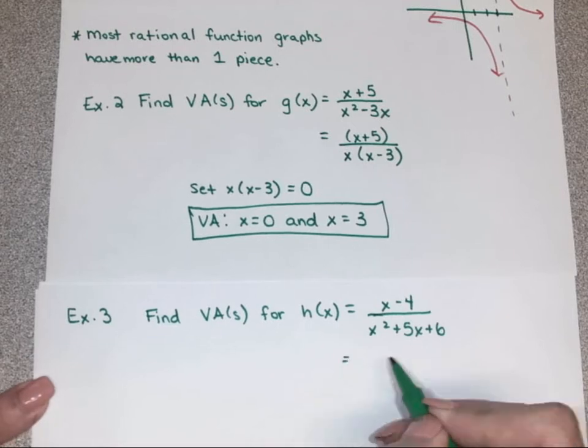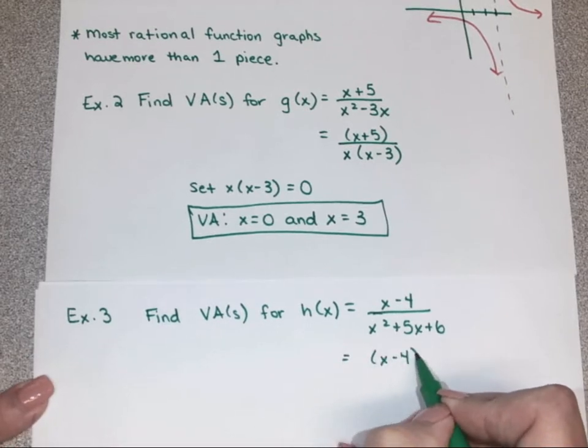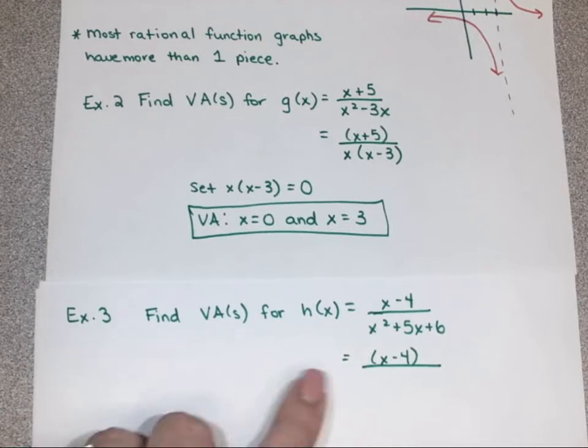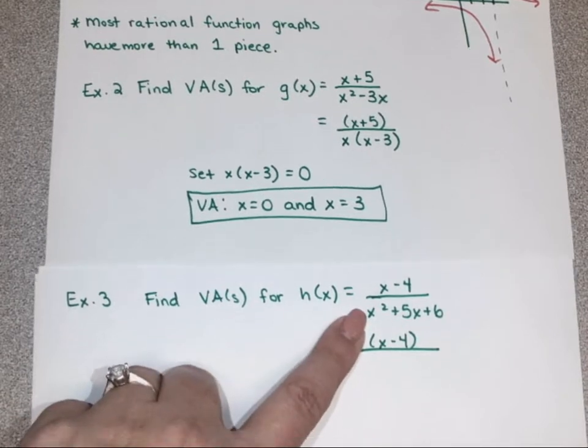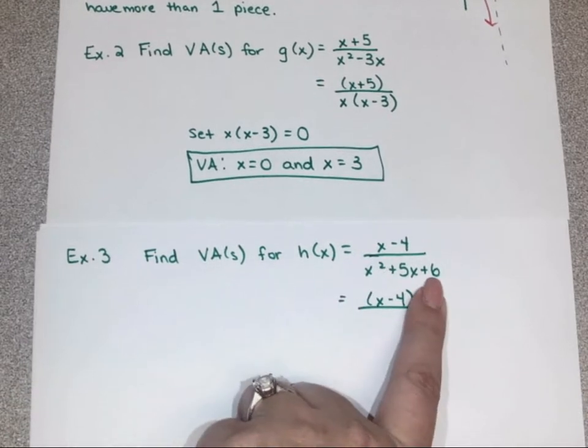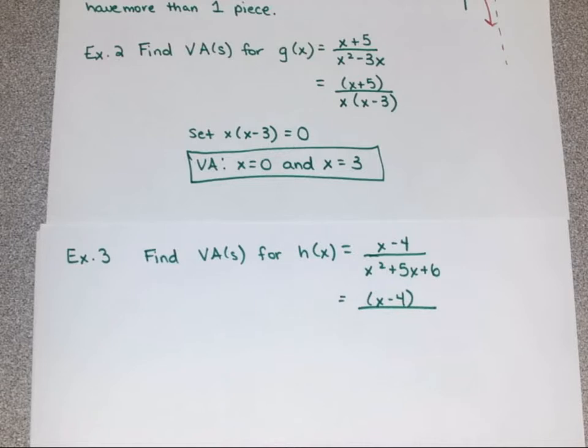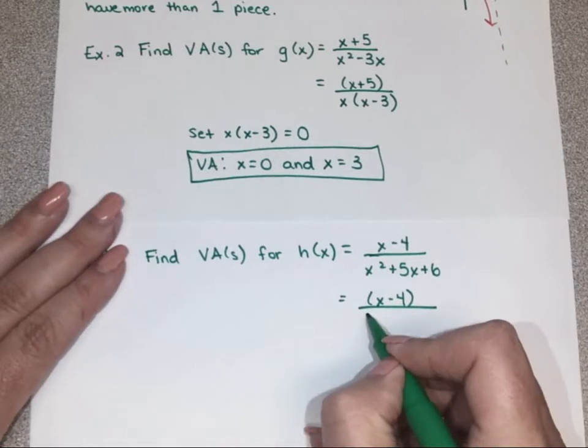The first thing you need to do is factor or simplify. Remember you can pull out your AC method, or you can realize that the coefficient in front of x squared is 1, so maybe it'd be easier to think about what the factors of 6 are that add up to positive 5.